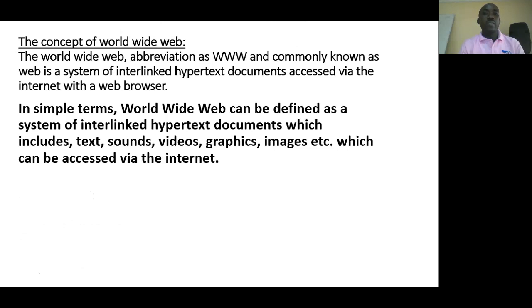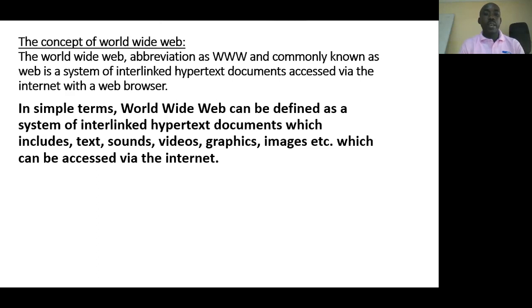Let's move to the next item that has to do with the concept of World Wide Web. We said the World Wide Web, abbreviated as WWW and commonly known as the web, is a system of interlinked hypertext documents accessed via the internet with a web browser.